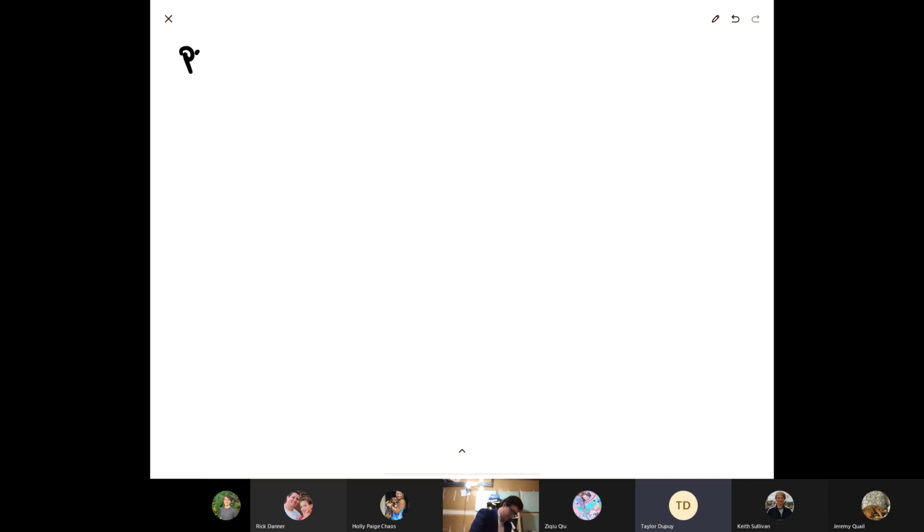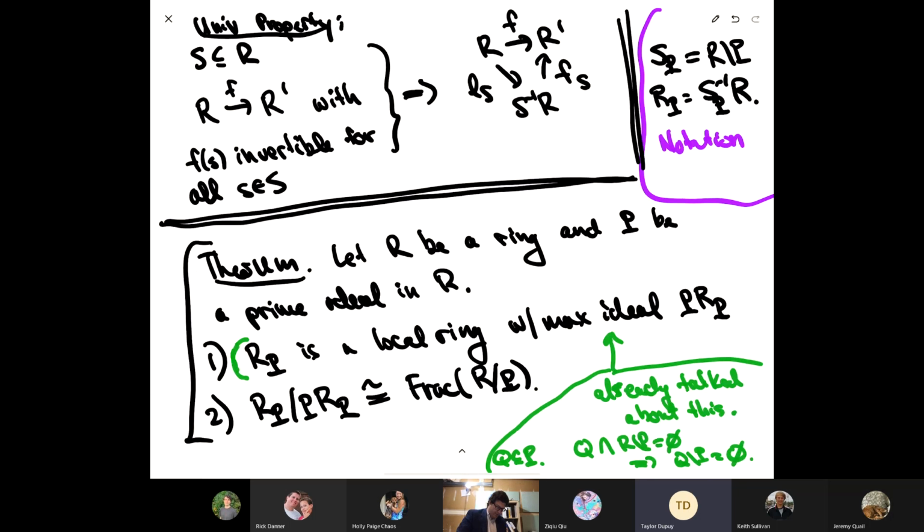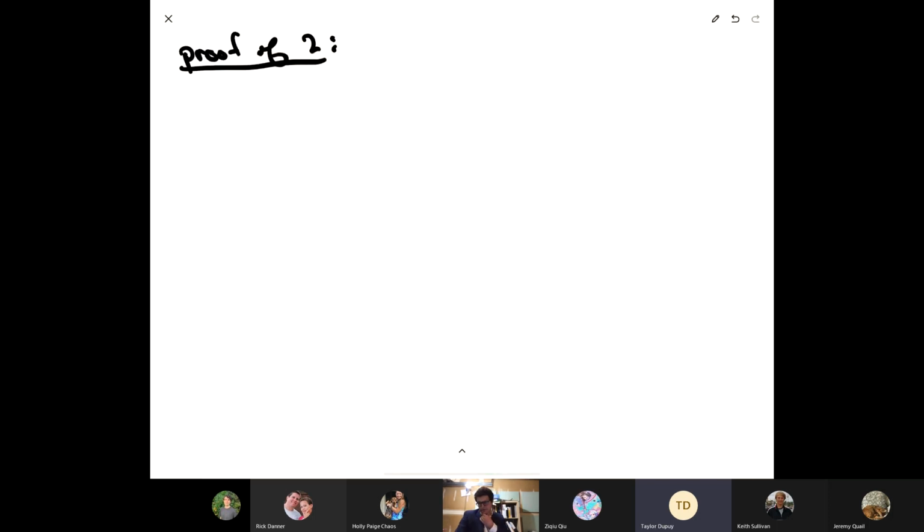So the proof of 2. Okay, sometimes this is called the residue field, since we're modding out by the maximal ideal. And we're going to give the characterization of the residue field. So first note that P R_P, right?